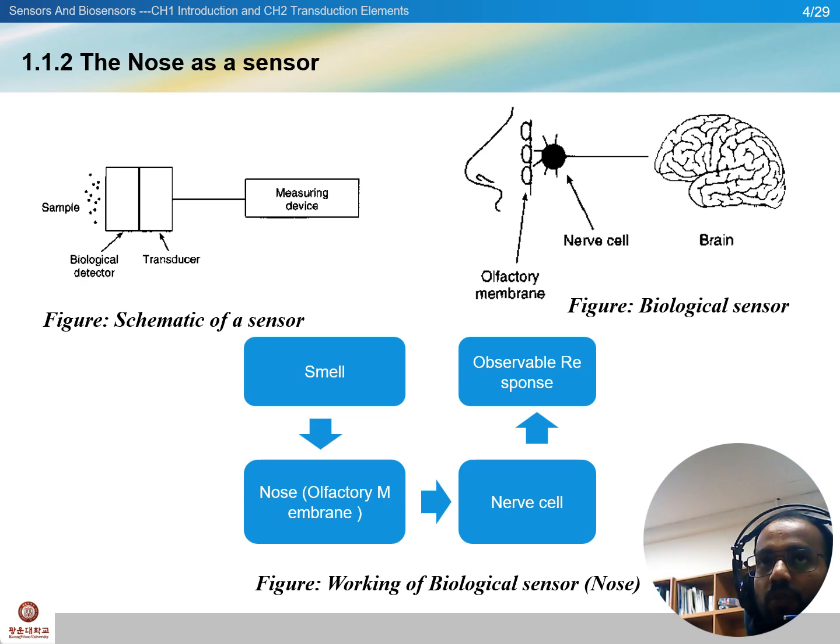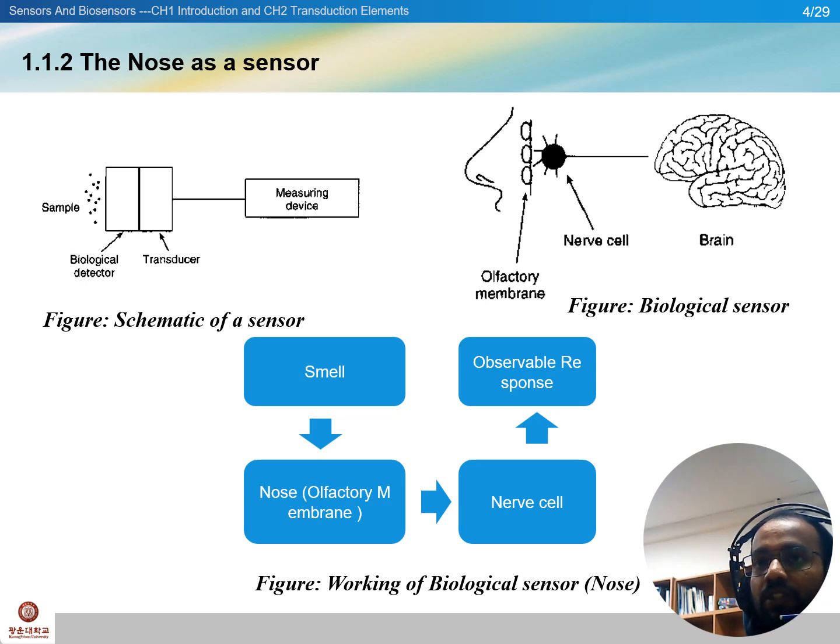Now we will talk about the nose as a sensor. All human beings have the nose as a sensor for smell. The first figure is the schematic of the sensor. We have some sample, then we have the biological detector as a nose, then it transduces, then we have our brain which senses the smell.